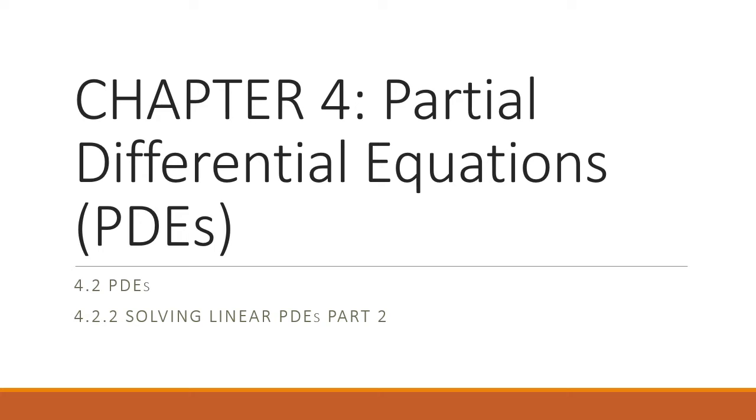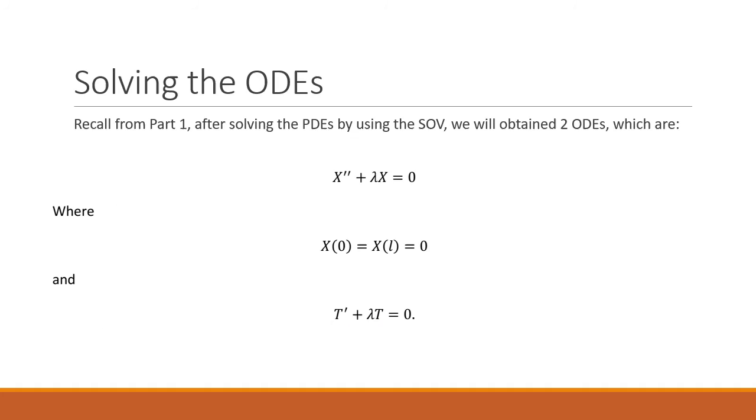Okey, sekarang kita nak tengok pula macam mana nak solvekan PDE setelah menggunakan separation of variable untuk mendapatkan dua ODE dalam part 1 yang lepas. Dalam part 1 yang lepas kita dah solvekan PDE kita.